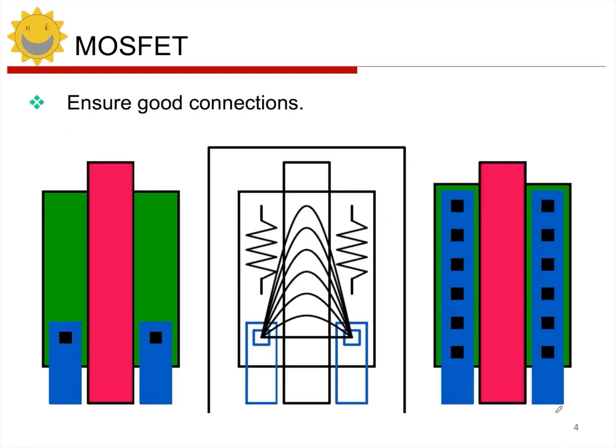Once we have the basic structure of the MOSFET, we need to ensure that we make a reliable connection, as shown in the diagram on the left. If we have a particularly long source drain region, for example, a transistor where the width W is 10 micrometers and the channel length is 1 micrometer, then the direction we are talking about is the width direction.